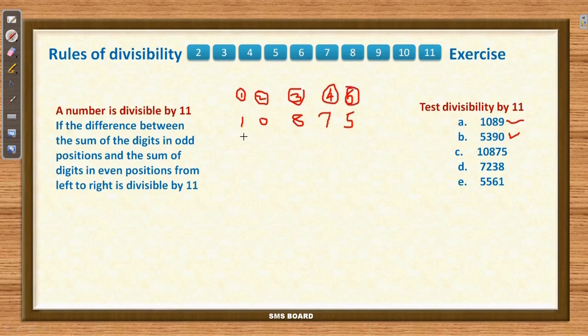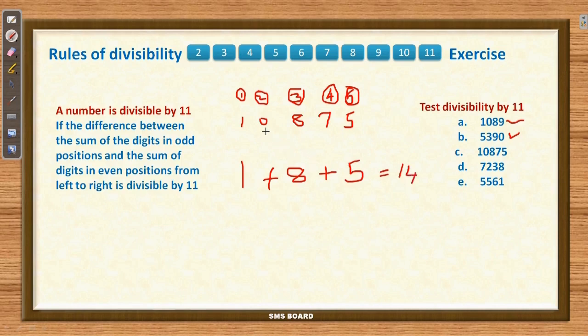So we will add the digits in odd positions: 1 plus 8 plus 5, that is equal to 14.